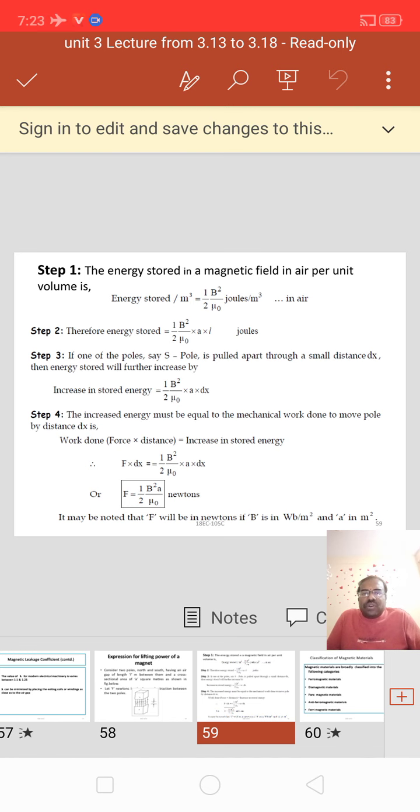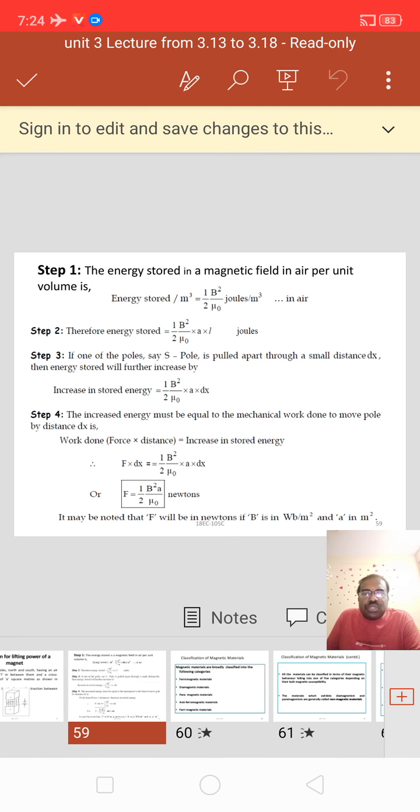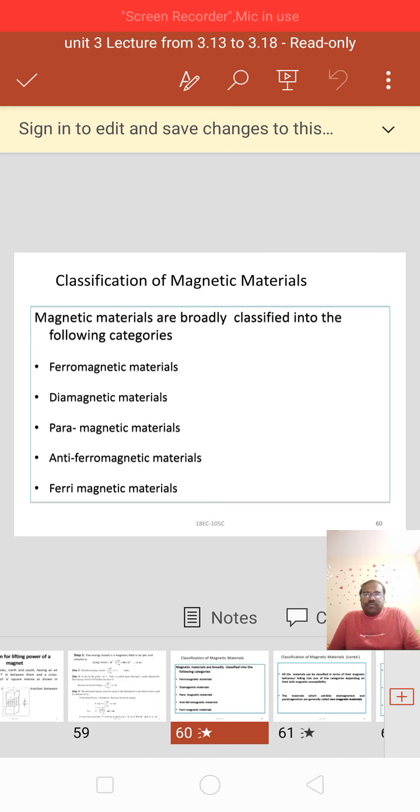Here dx is cancelled, so F equals half into B square A by mu naught newtons. It may be noted that F will be in newtons if B is in Weber per meter square and A is in meter square.